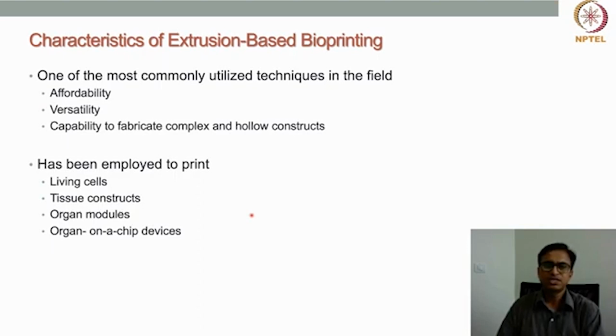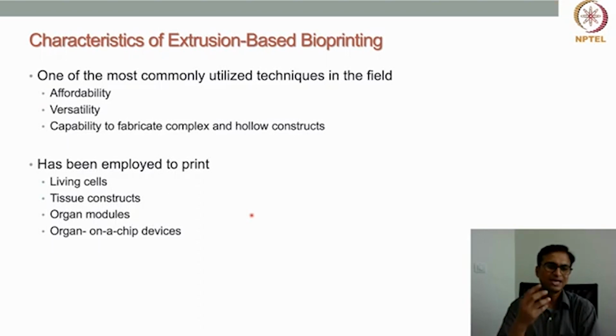The other important characteristic of this technology is the capability to fabricate complex and hollow constructs. Printing a complex construct is very challenging, but with extrusion-based bioprinting that possibility is definitely there, because we can design and then control how the printhead moves and how the material extrudes through the nozzle.